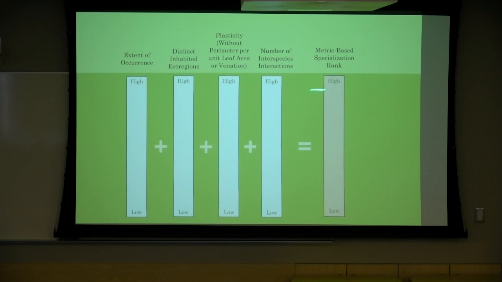The bittersweet part of this is that since these rankings are made relative to everything you looked at, it's not as useful for a clade to clade comparison, because the most specialized oak tree might be a generalist compared to any sundew, right? So you kind of have to take more of a conceptual approach as far as clade to clade analysis is concerned.